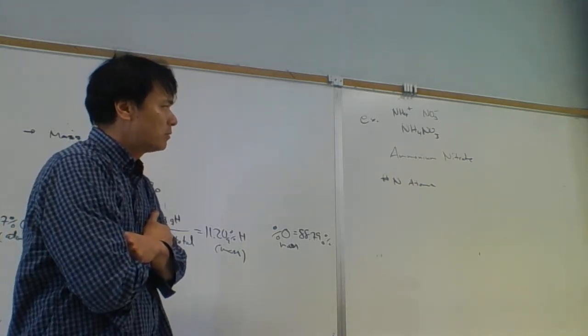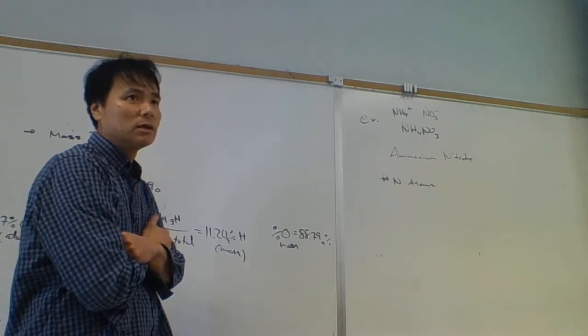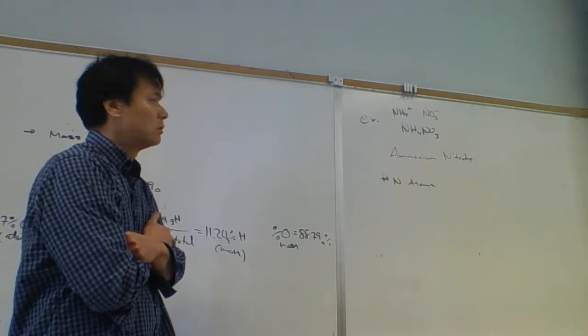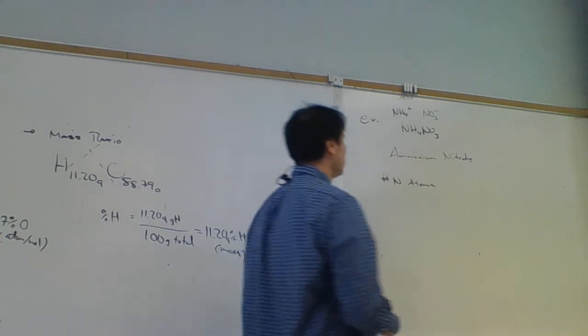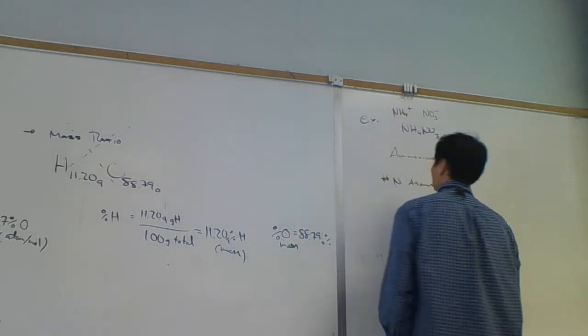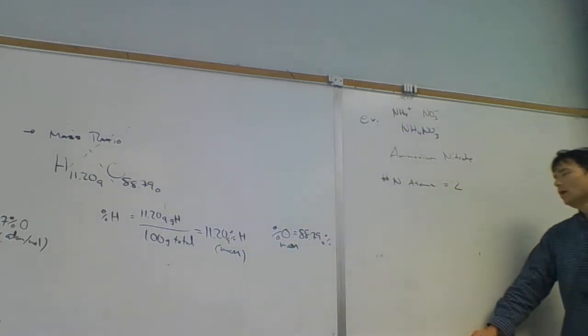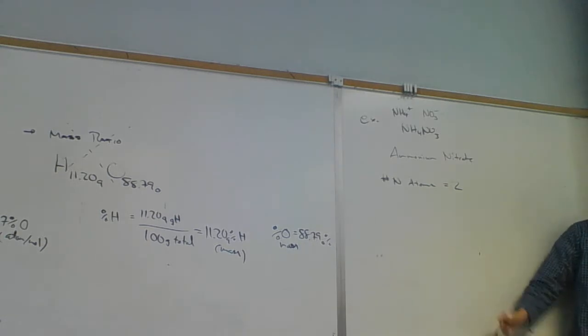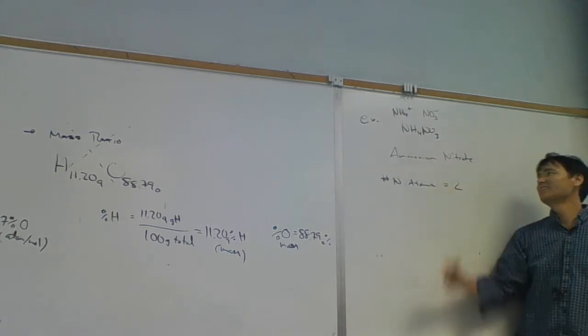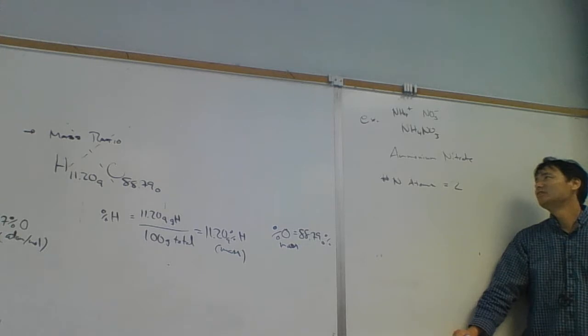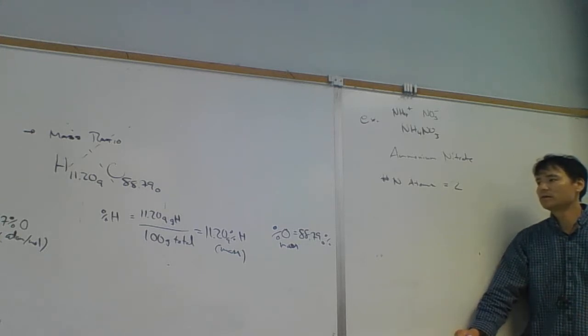And so the total number of nitrogen atoms in this is 2. So the number of nitrogen atoms equals 2. So we could do the same thing, a number of hydrogen atoms, 4. Number of oxygens, 3.